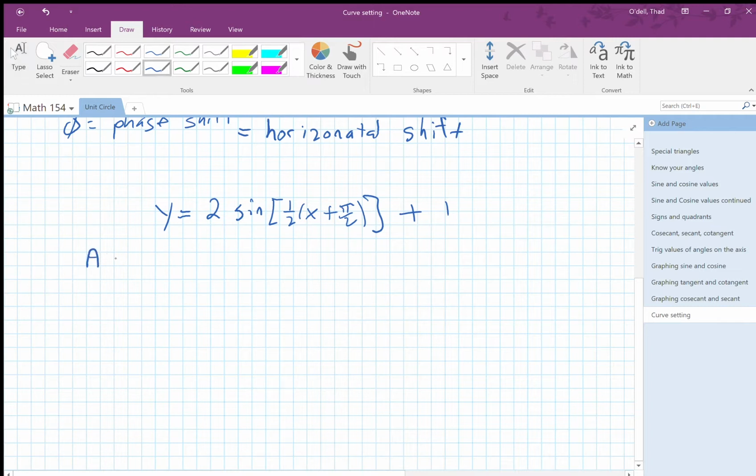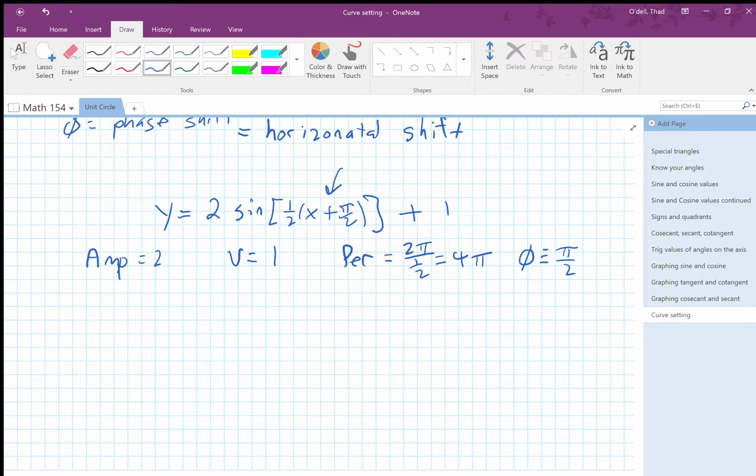The amplitude is 2, the vertical shift is 1, the frequency is 1/2, so what we really need is the period. The period is 2 pi divided by 1/2, which would be 4 pi, and the phase shift is pi over 2 to the left. So actually we should put a negative pi over 2 there, because remember, on the inside the shift happens the opposite way of the number.